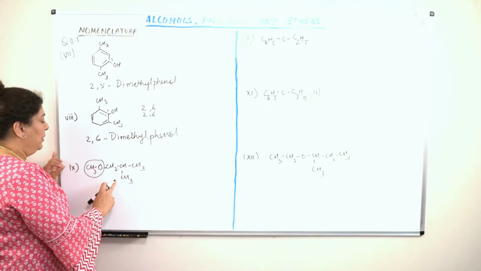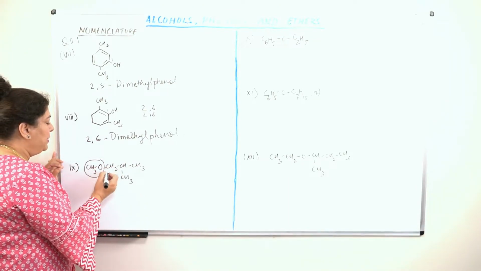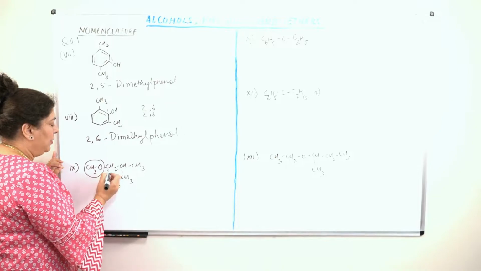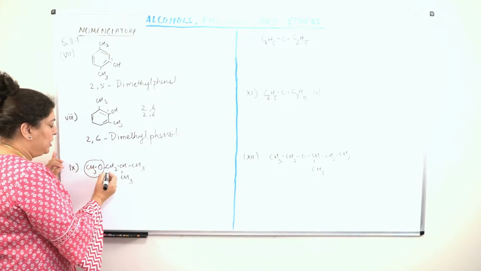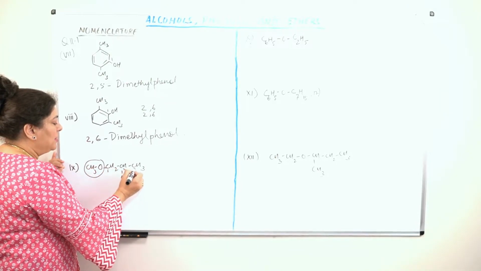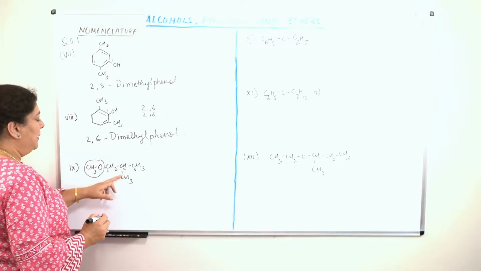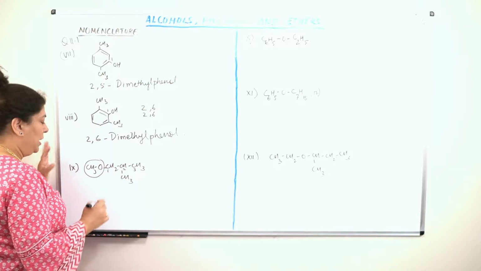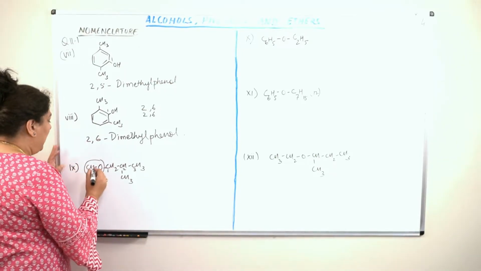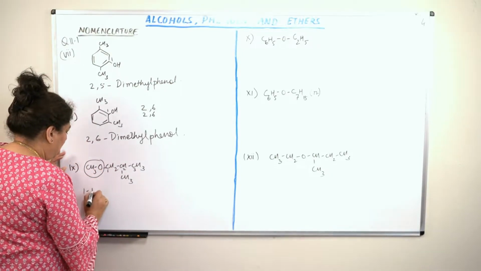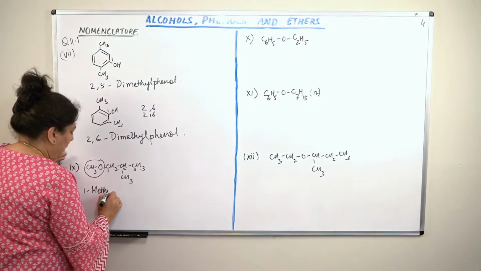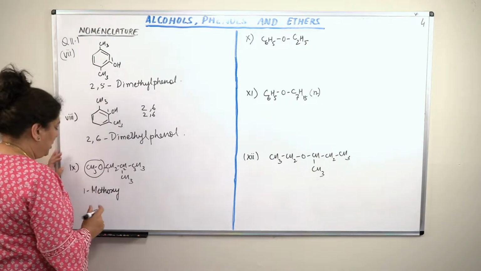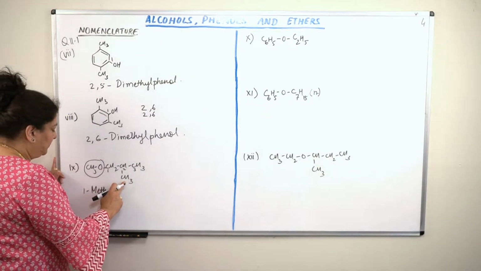So now when we name, how will you number it? You will call this the first carbon because this has the functional group attached to it. This is the second carbon, this is the third carbon. So there is a methyl group attached on the second carbon, and on the first carbon you have methoxy. Both start with M. So I'll say 1-methoxy, which is the functional group. 1-methoxy, alphabetical order, and methyl.